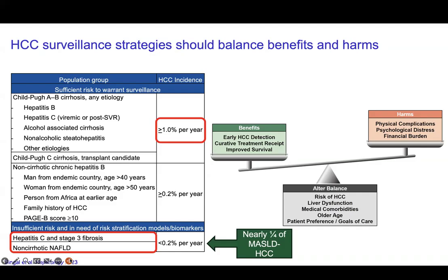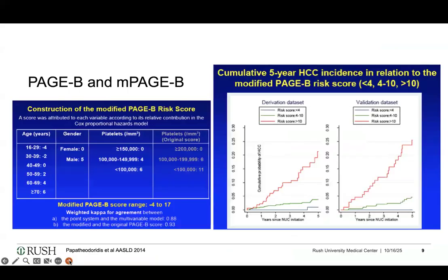But it's important to recognize that although the annual incidence is low, about 1 out of 4 patients with MASLD who have liver cancer do not have cirrhosis. And it's just because it's such a huge group of individuals that the risk-benefit ratio did not come out to advocate for screening. It does not mean that there is no risk in those patients.